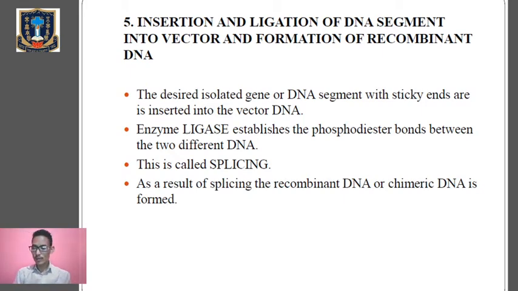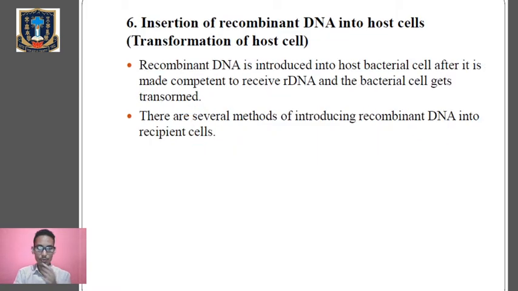After the formation of recombinant DNA, we have to go to the next step, that is insertion of recombinant DNA into the host cells. Clear? So once the recombinant DNA has been created, it has to be inserted into the host cells. Generally we use E. coli cells or the Escherichia coli cells.